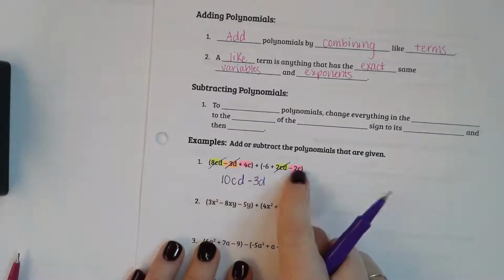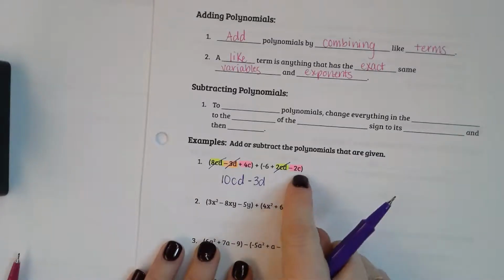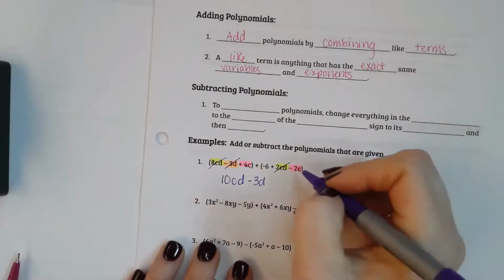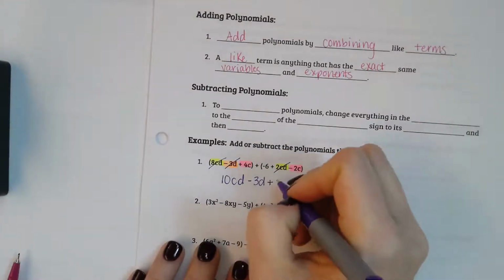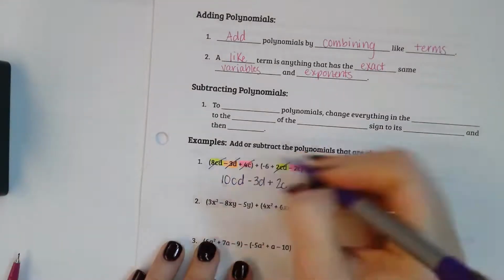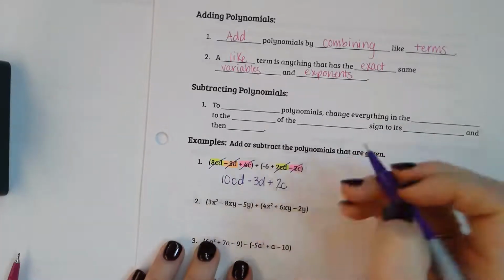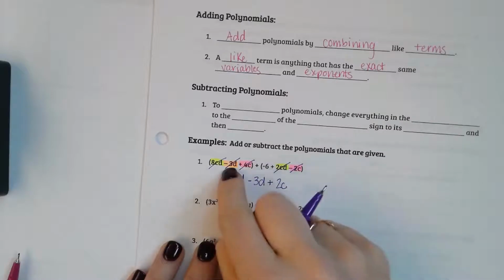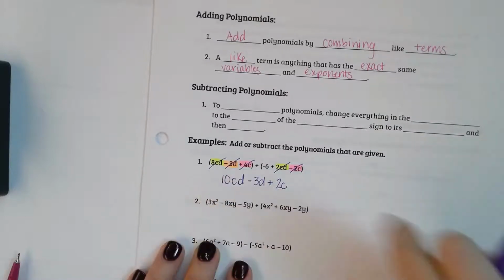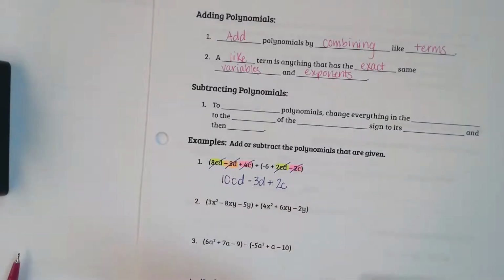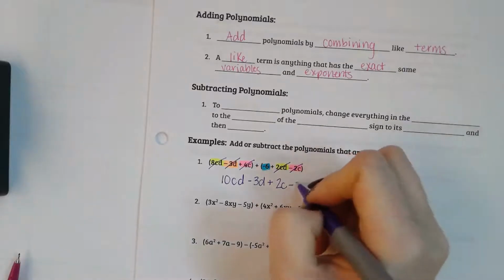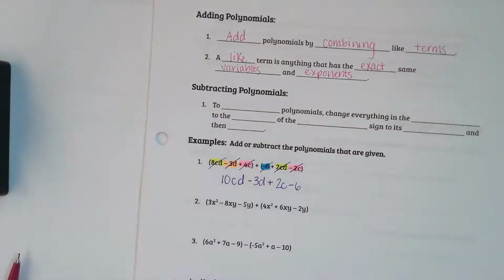Then the 4C plus a negative 2C. 4 plus negative 2 is a positive 2C. So now I got those. So I still have this negative 6 left. Just like the negative 3D that we had all by itself, that one's the only one that doesn't have any variables. So tag that onto the end.